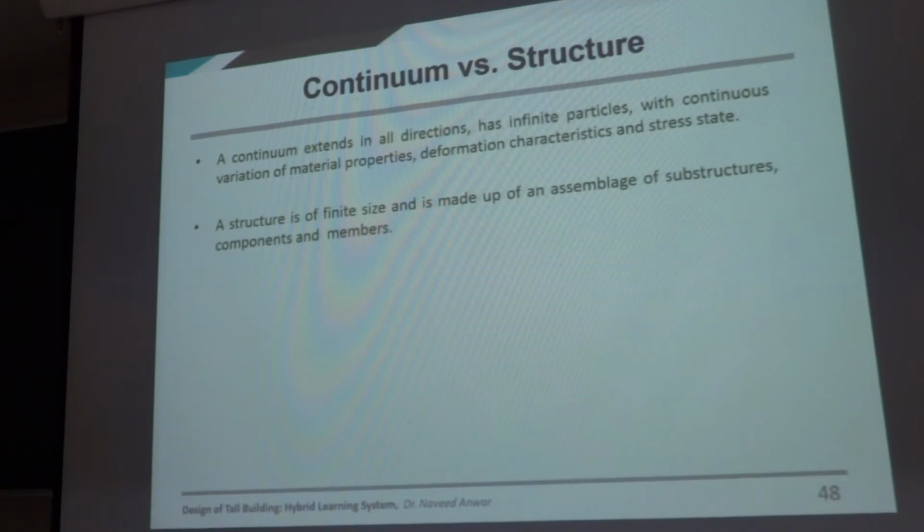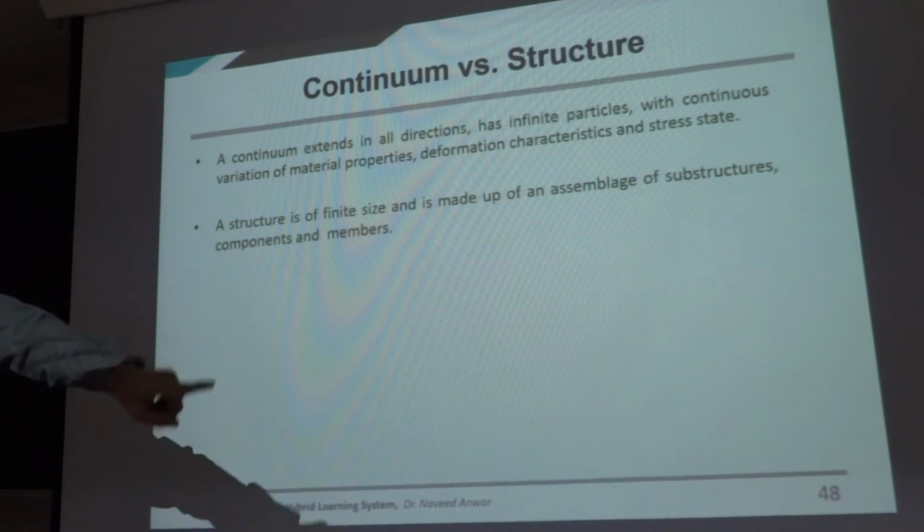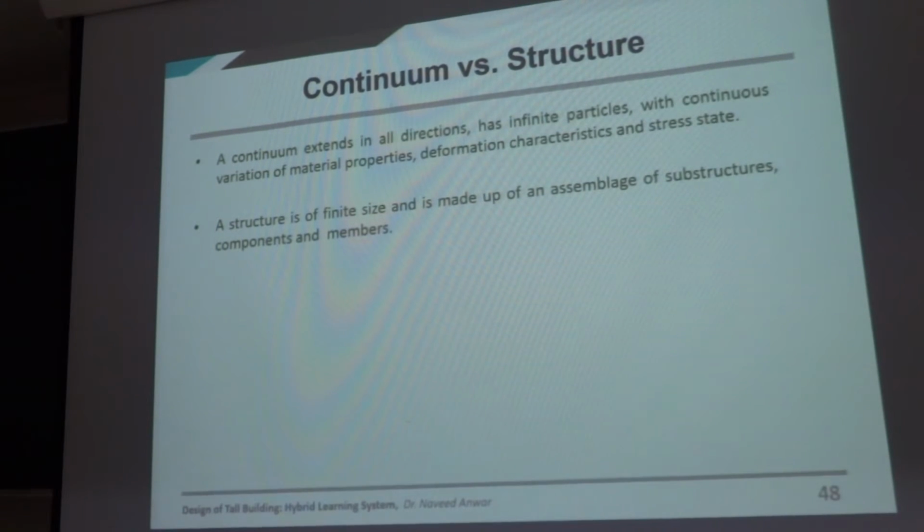Because buildings are already constructed. If you put a building there, you're modifying the stress state of the soil. So what happened to the other buildings? So you have to prove that your building will actually not create any problem for the other buildings. So you have to model not only your building, but the soil, and then you have to model the whole block and then to a certain depth. So don't assume that everybody is doing what you're doing, right?